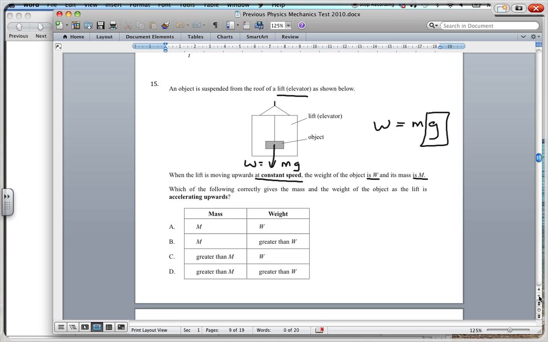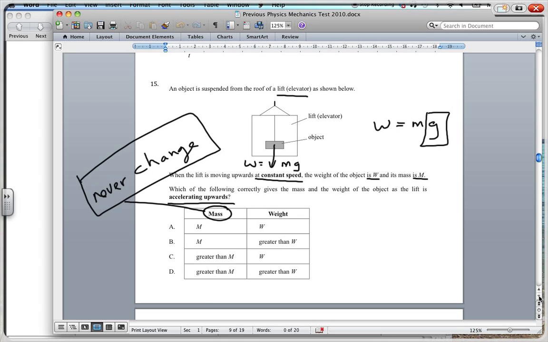Now, which of the following correctly gives the mass and weight of the object as the lift is accelerating upwards? Alright, now the mass of an object never changes. This is a property of the object itself. You can find the mass of an object on the moon, on Pluto, on the other side of the universe. It should be the same wherever you measure it in the universe.